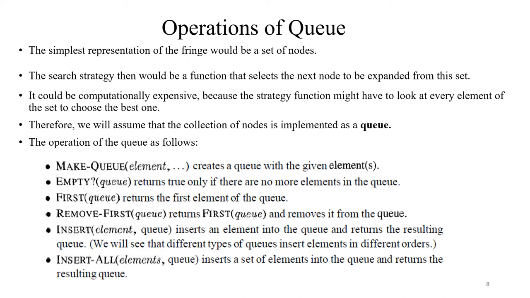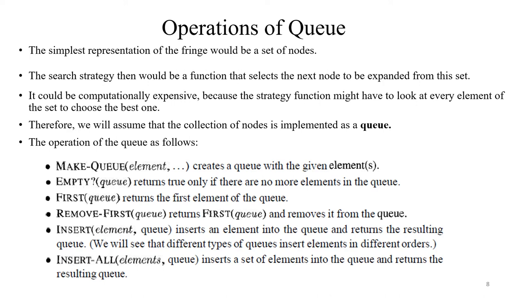They are: make queue, which creates a queue with given elements; empty, which returns true if there are no more elements in the queue; first of queue, which returns the first element of the queue; remove first, which returns the first element and removes it from the queue; insert, which inserts an element into the queue and returns the resulting queue; and insert all, which inserts a set of elements into the queue and returns the resulting queue.